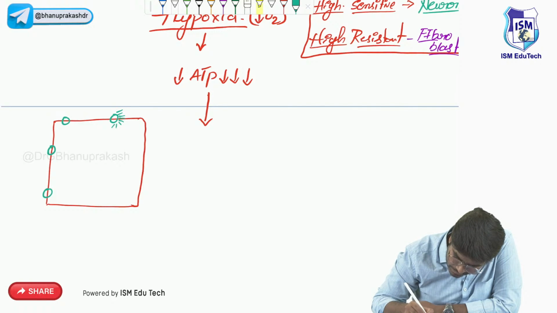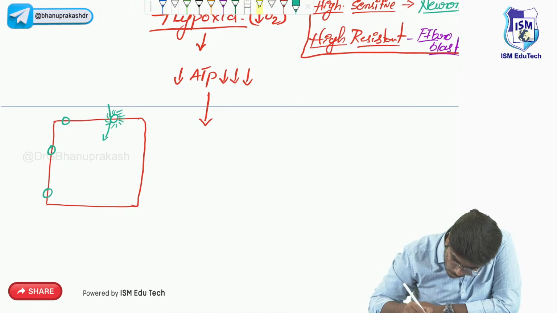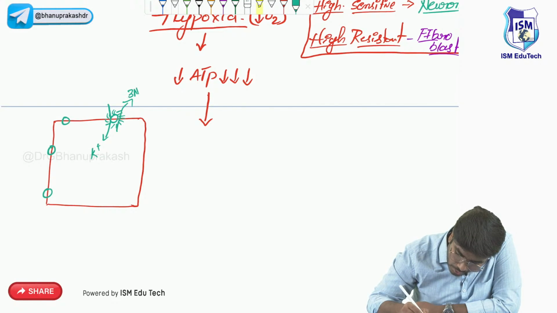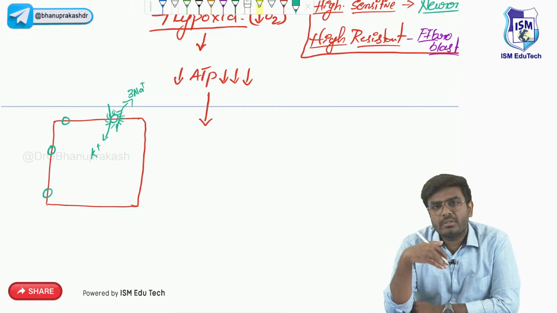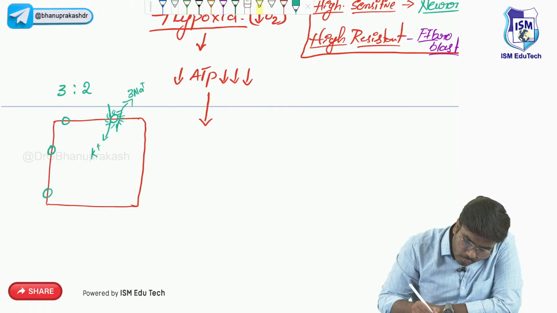It takes 2 potassium ions into the cell and throws 3 sodium ions out of the cell. So the coupling ratio is 3:2.